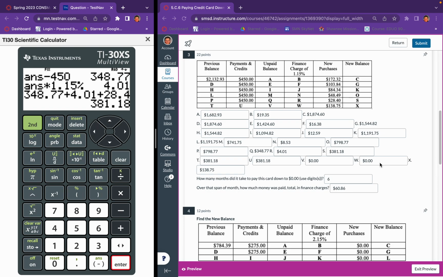Pay it off, pay it off. 138.75. Okay. I think my finance charges were correct.